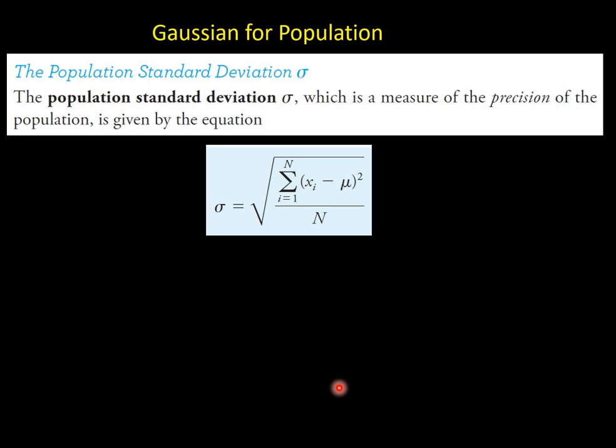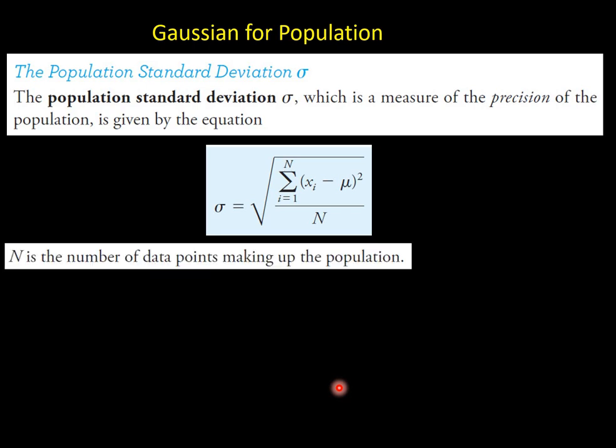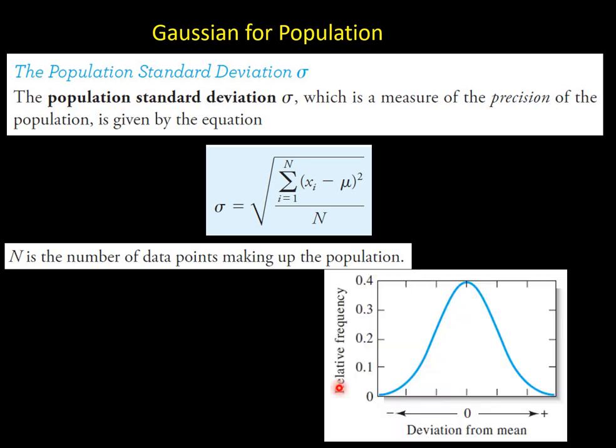We will not discuss the mathematical rationale, or rather the mathematical philosophy, behind this expression of sigma. This is the formula, and we will see its significance and how we can apply sigma for analysis. Here n is the number of data points making up the population, and the distribution looks like this curve.